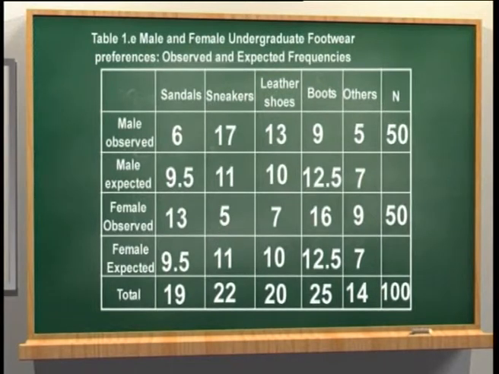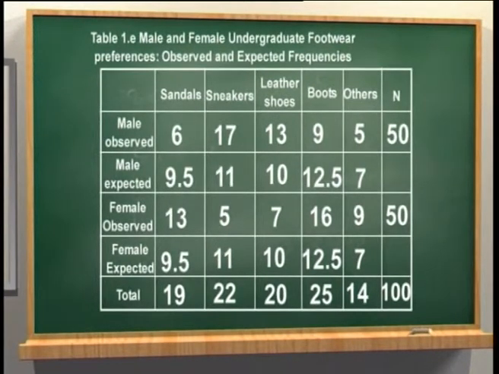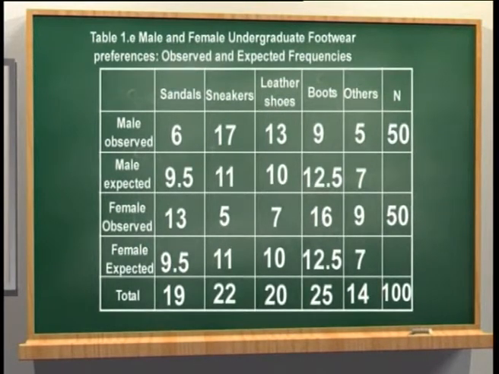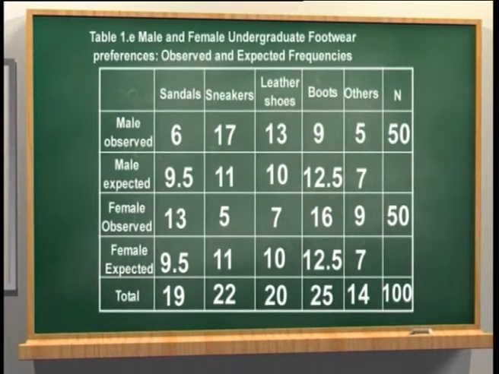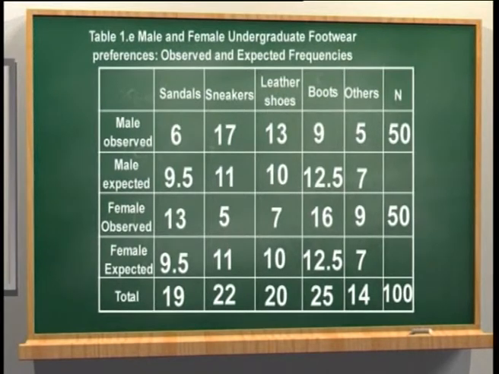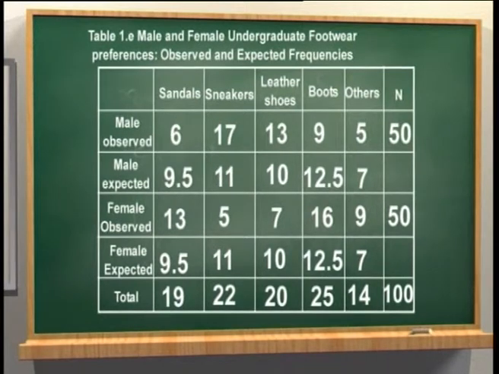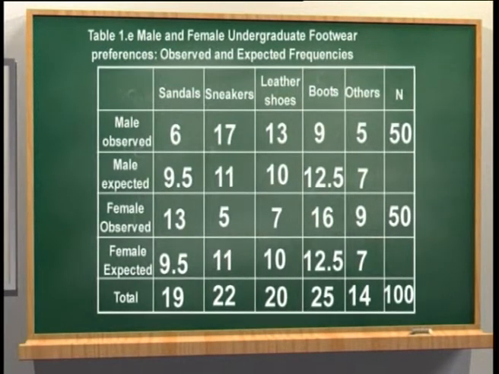The logic of this is that we are deriving the expected frequency of each cell from the union of the total frequencies of the relevant values on each variable as a proportion of all observed frequencies. This calculation is performed to derive the expected frequency of each cell, as shown in table 1E.